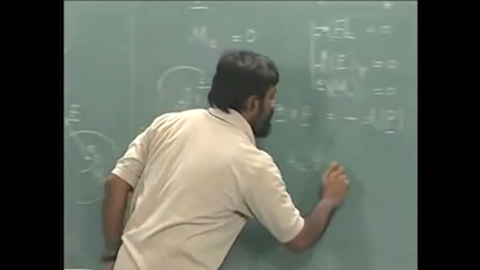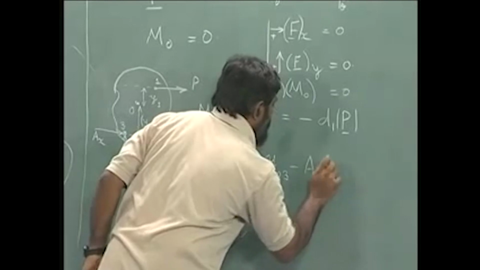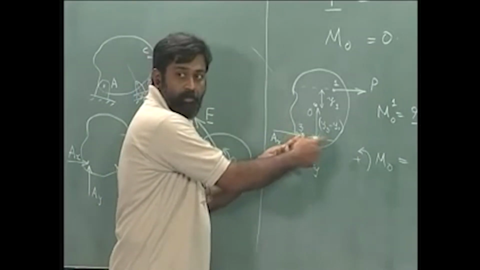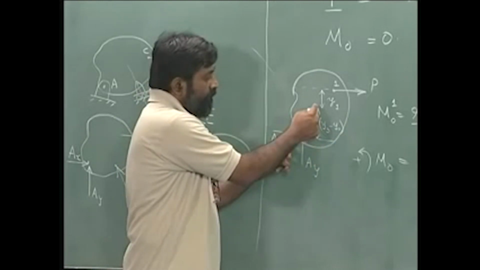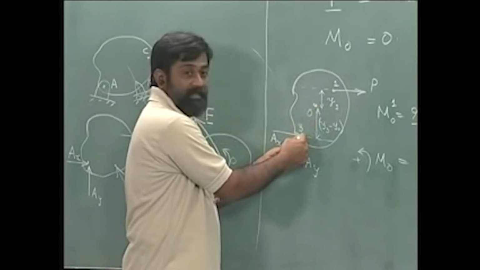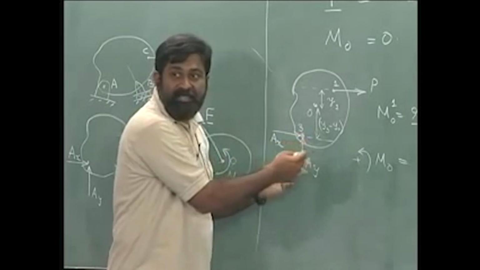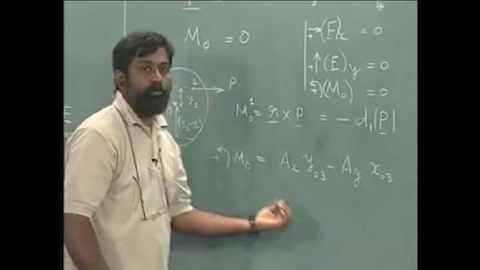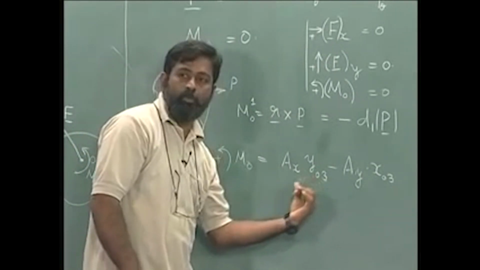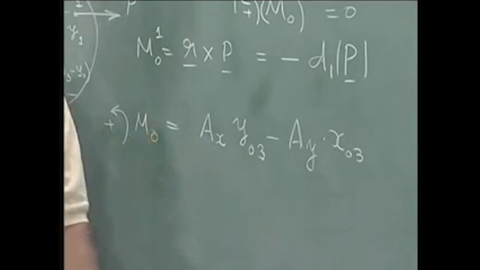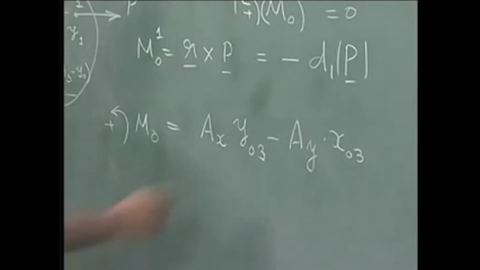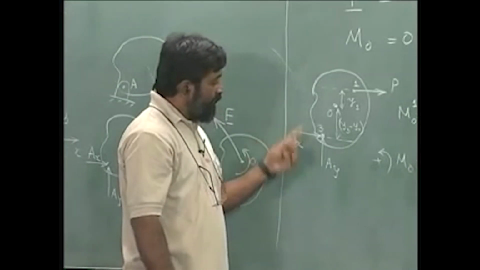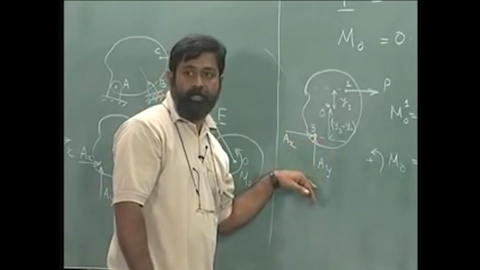So, I will have a minus Ay times, right now I have to look at the distance in the horizontal direction, which means this is O, this is 3, x O3. Okay. Here I am not going to bother about whether it is 3O or O3, okay. We will just take the magnitude of the distance. Okay. This negative sign will take care of all the rest. The notion of directions that we have used here has to be retained.